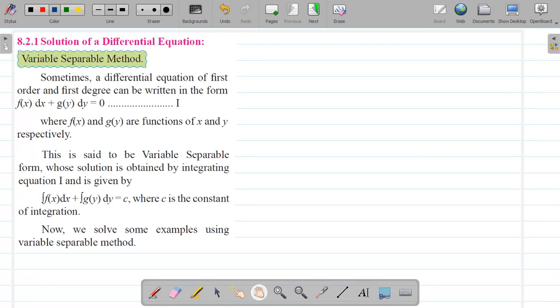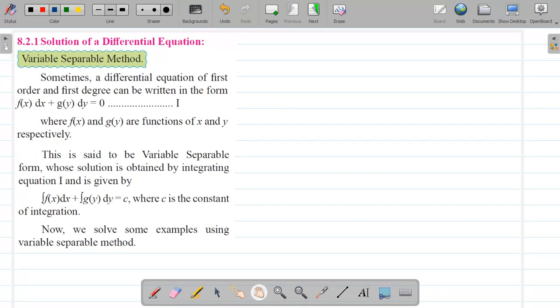Means if you have a differential equation whose order is first and degree is also first, then the variables of that differential equation can be separated as f of x dx plus g of y dy is equal to 0, where f of x and g of y are functions of x and y respectively.